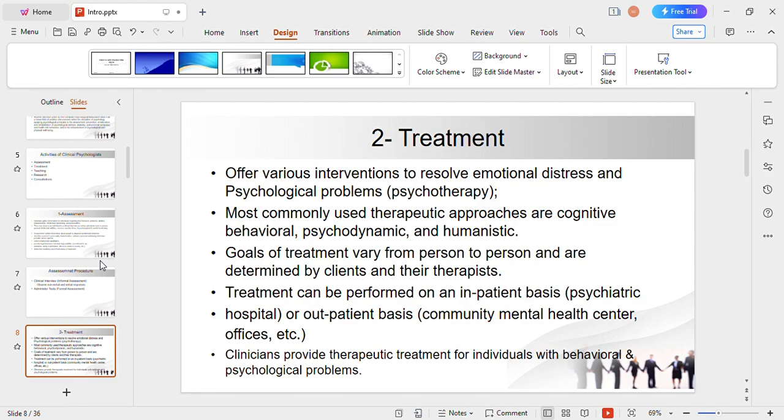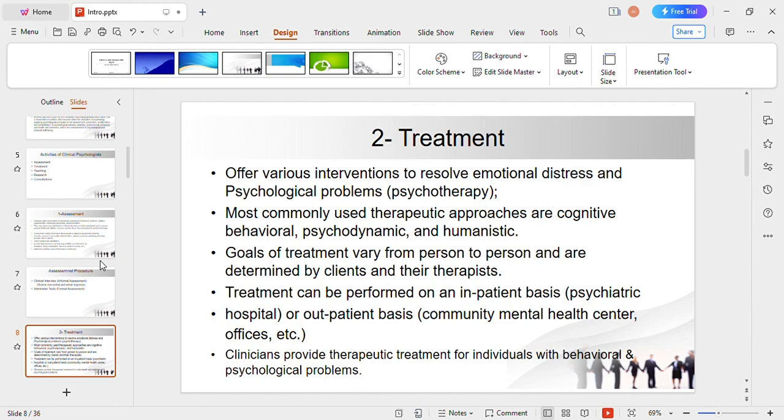As all of you know, it is very hard, a very skillful task, to master any therapy or any therapeutic module. The clinical psychologist identifies and uses multiple theoretical approaches, but the most commonly used approaches are cognitive behavior therapy, psychodynamic approach, and humanistic approach.